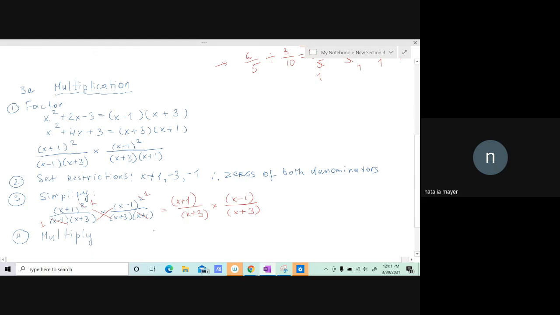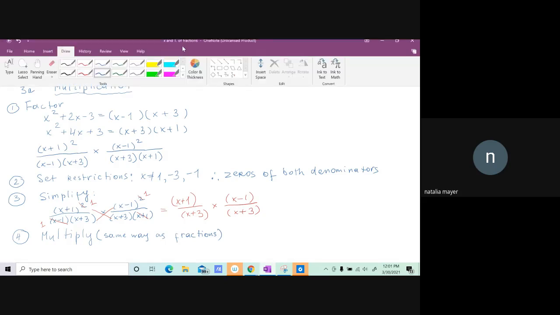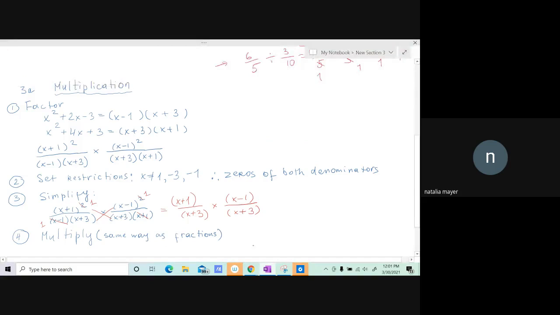And multiplying is exactly the same way as fractions. So we multiply numerator with numerator, denominator with the denominator. So what is going to be the final result? Selim.